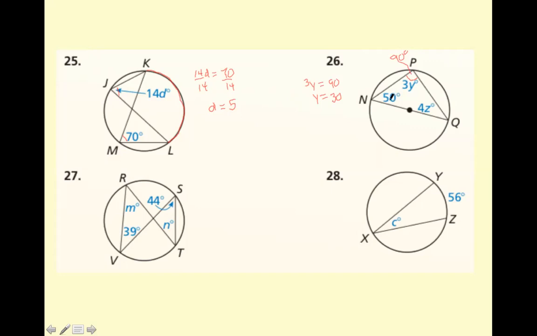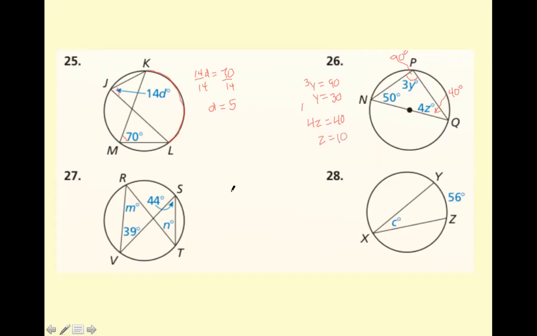Remember, all three angles in a triangle add up to 180. So if I have 140 so far, that leaves me 40 degrees for this angle down here. That would mean 4z equals 40, so z is equal to 10.